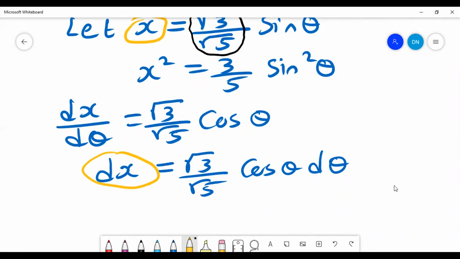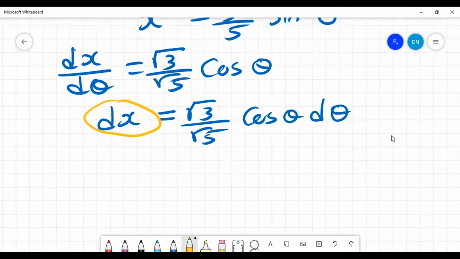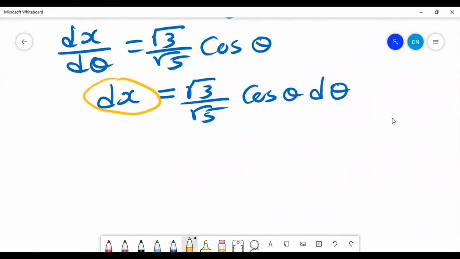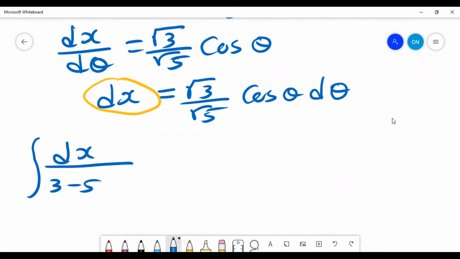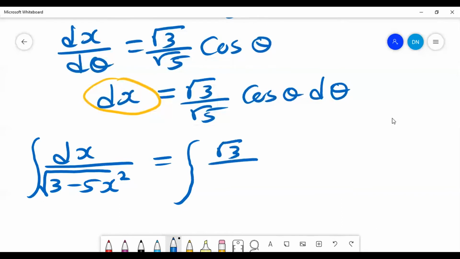So let's get back to our original equation and see what that means when we are doing the integral. So our integral is dx over the square root of 3 minus 5x squared. Let's put them back. I'll start with dx. It's root 3 over root 5 cos theta d theta.